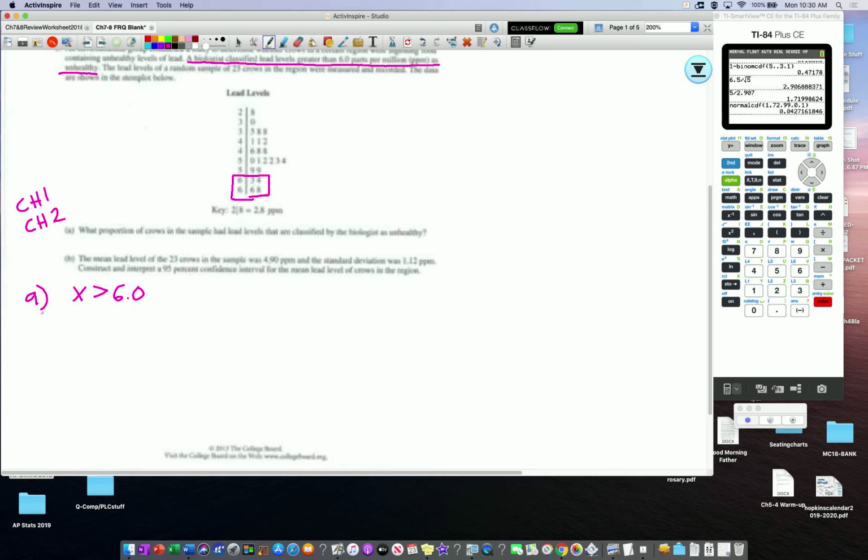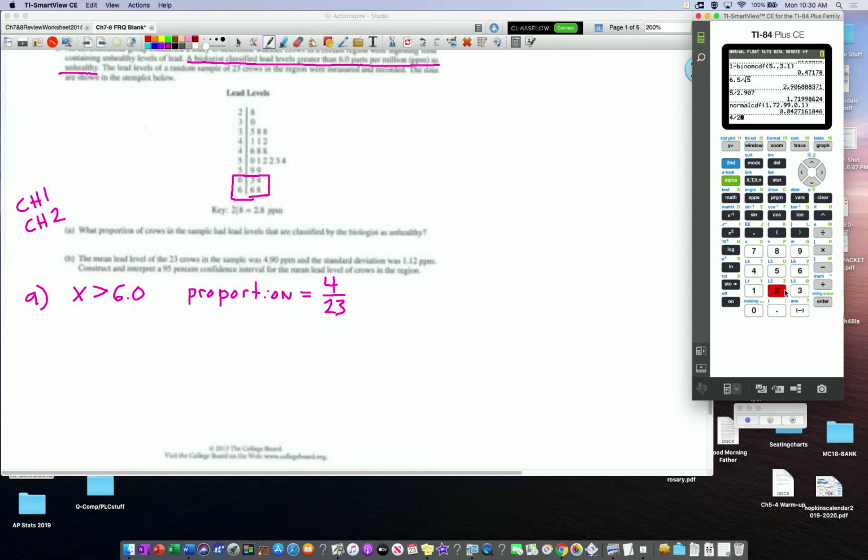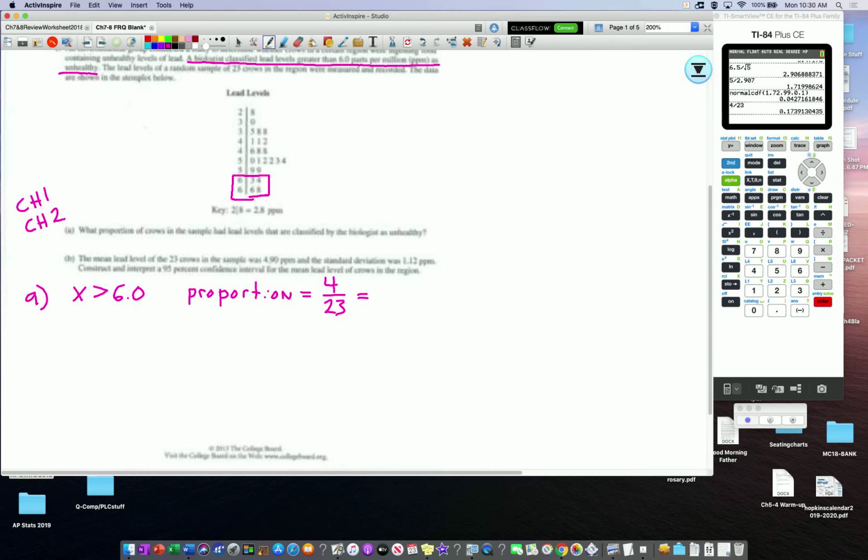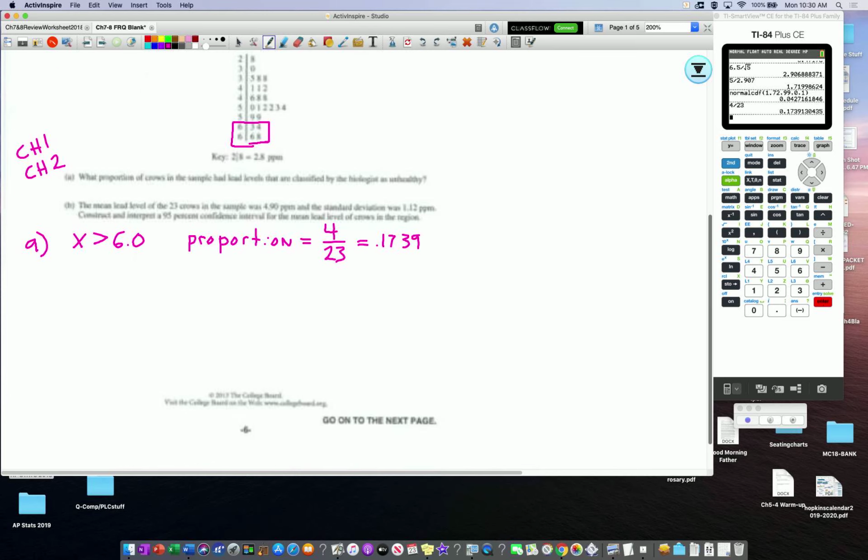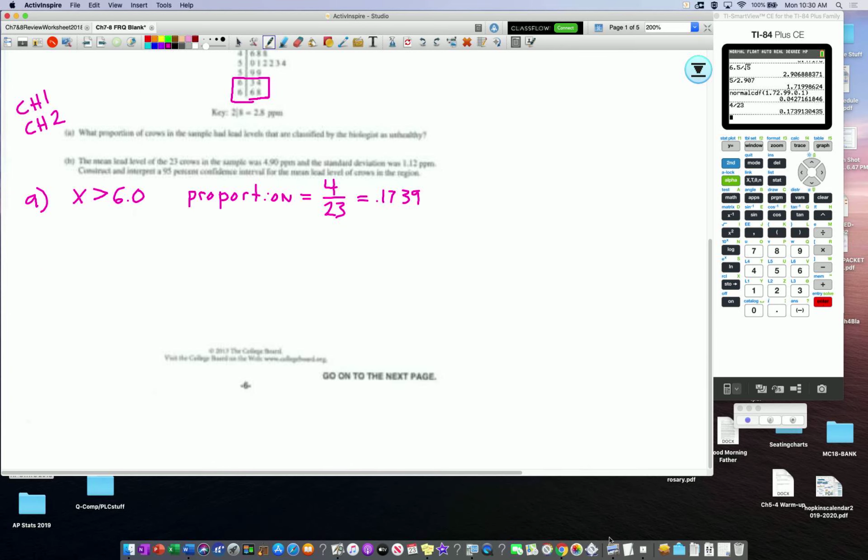So this is going to go to part A. My proportion in our case here is as simple as saying 4 divided by 23. So on my calculator, 4 divided by 23 is 0.1739.